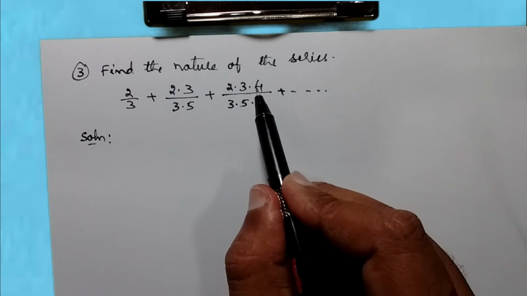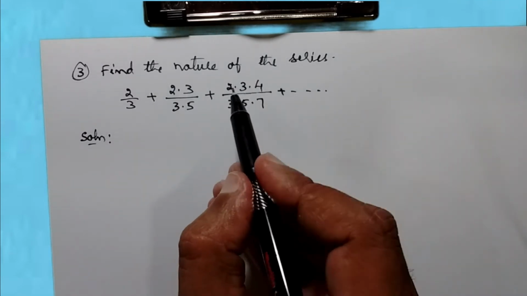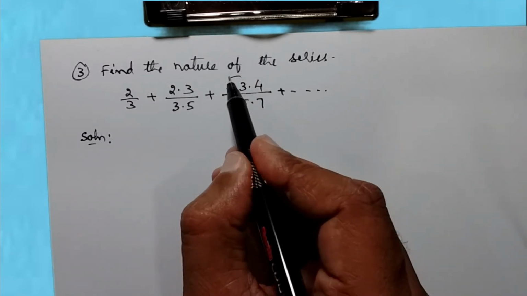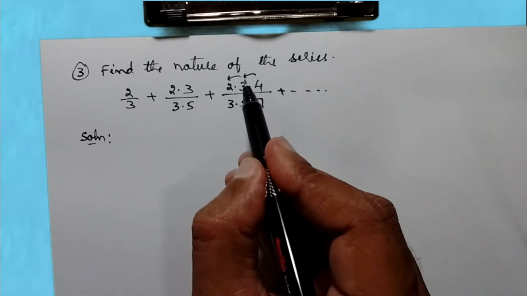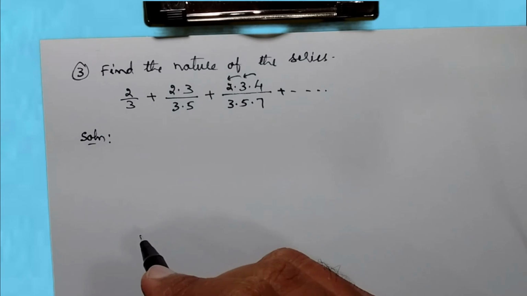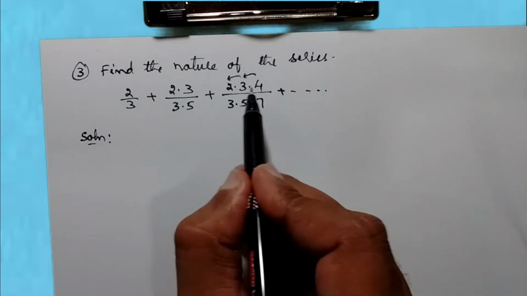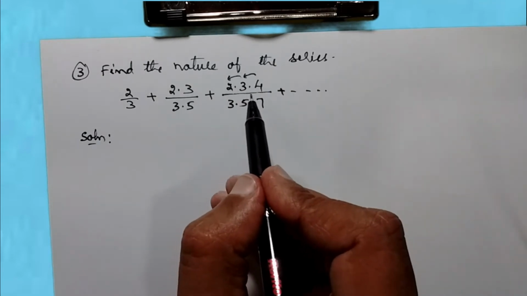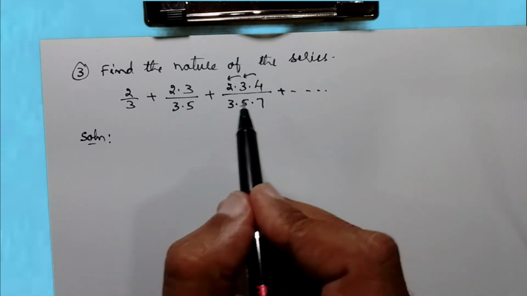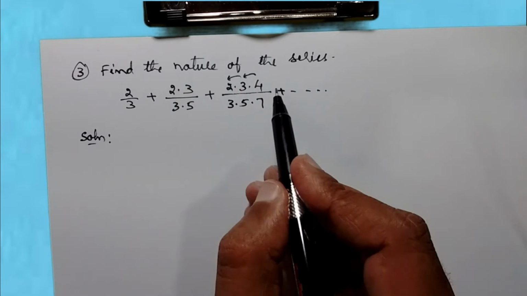Right, so look at the common difference between these terms. What is the common difference? 3 minus 2 is 1, 4 minus 3 is 1. The common difference is 1. I'm talking only about the numerator. So the given expression in the numerator is in arithmetic progression.